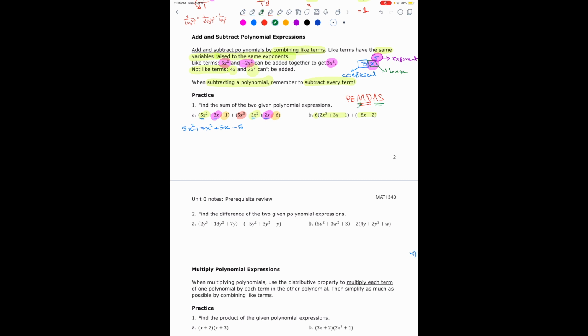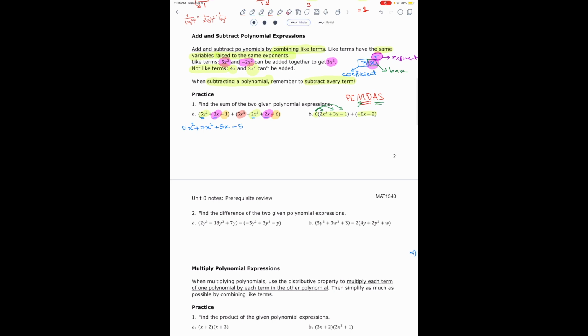That is the first operation we see, which is 6 multiplied inside of the first parentheses. Remember, you're going to multiply 6 with every term inside. So 6 times 2x cubed is 12x cubed. 6 times 3x is positive 18x. 6 times negative 1 is negative 6.